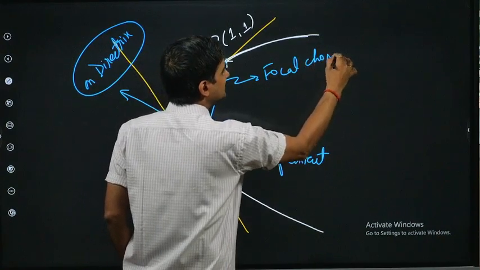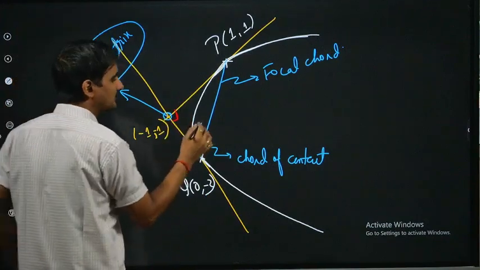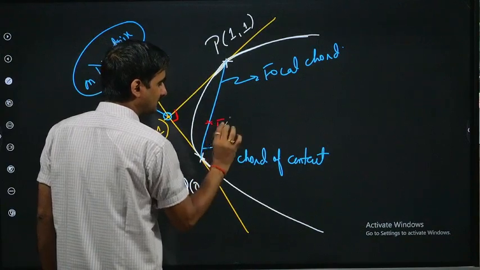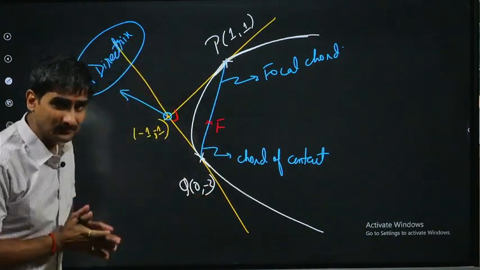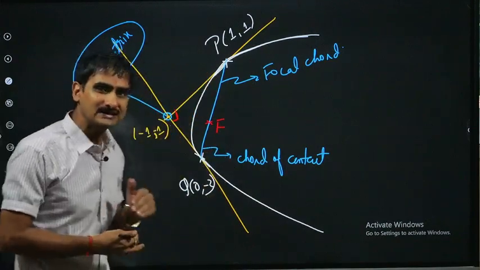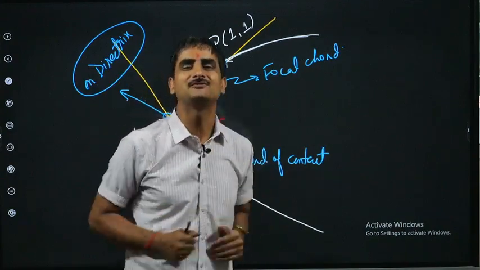So that's the focal chord. That means our focus, whatever the focus be, we don't know right now, maybe that's the focus. I'm just writing it F. We need the focus as the first part. So the chord passes through the focus. Now that's another result, bachcho. So we have used two or three results by now. Now let's move ahead to a further result.